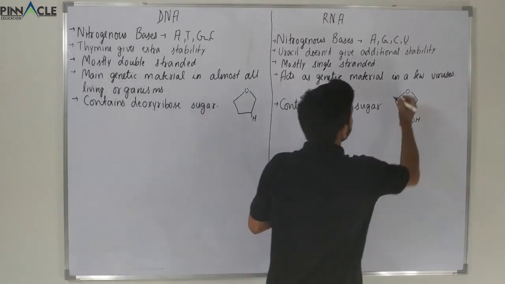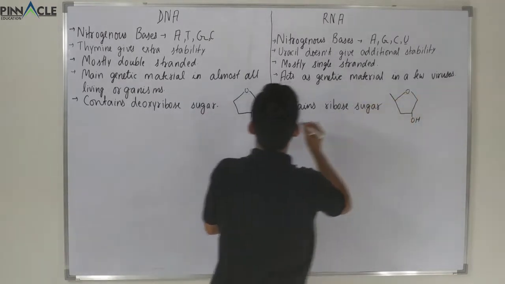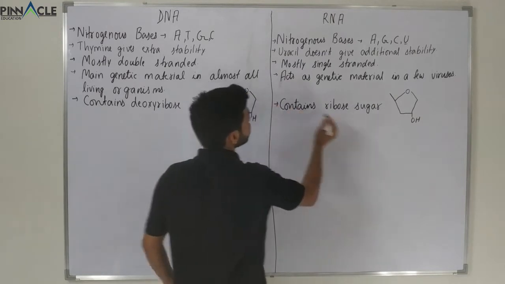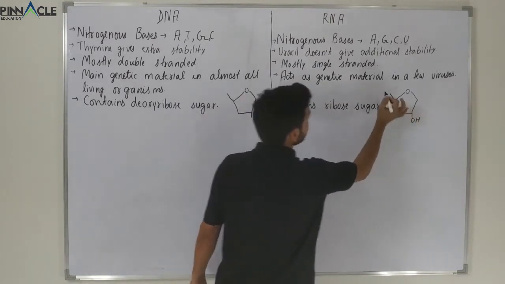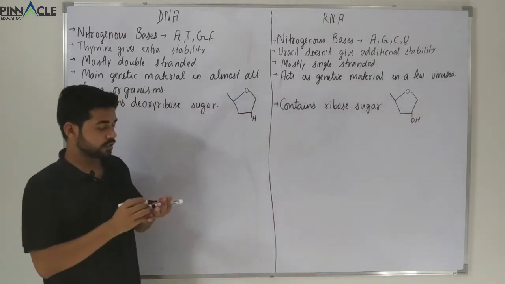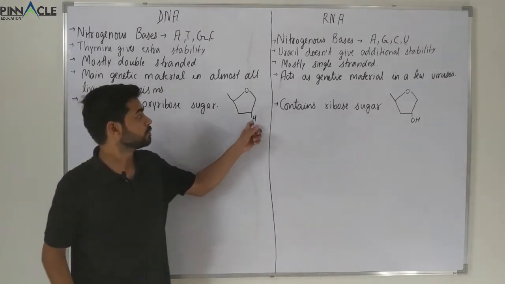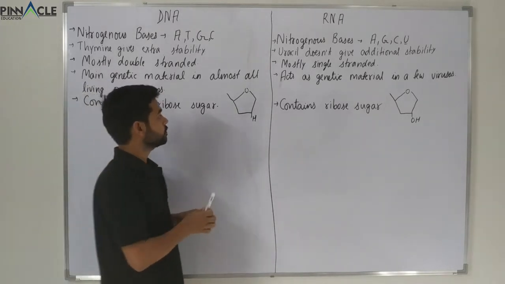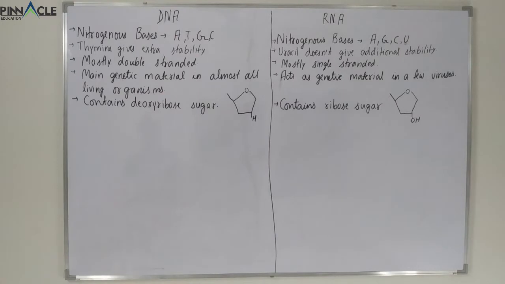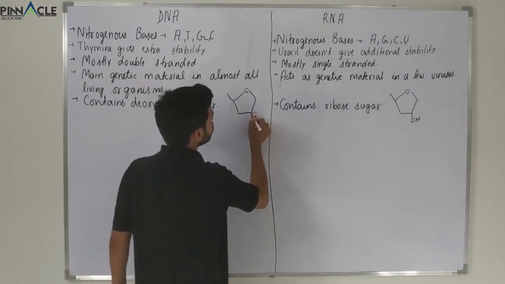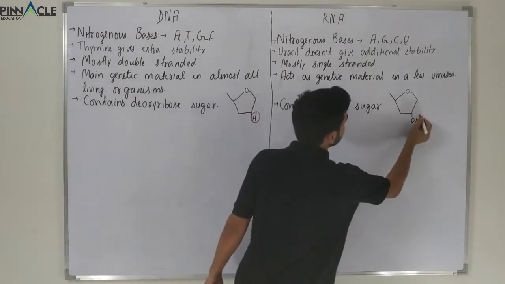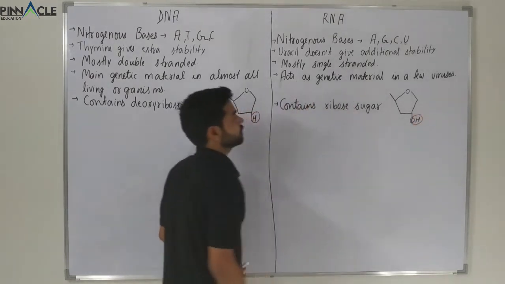Apart from that, the third carbon is over here, and the fifth carbon. This is the first, second, third, fourth and fifth carbon. So this is the normal carbon skeleton. This is the main difference over here: this hydrogen and this hydroxyl group are the difference.